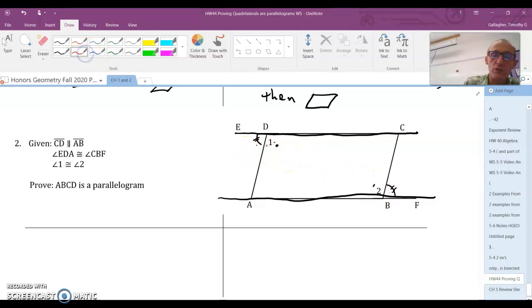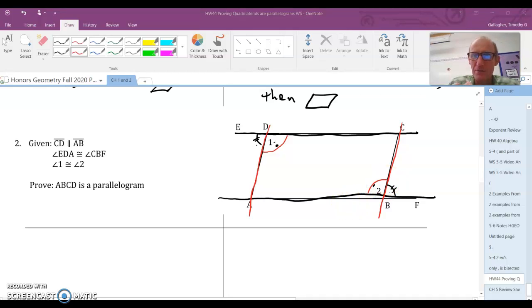Now, if we get 1 and 2 congruent, that's going to get these two parallel, or we're going to get these two angles congruent. Not all right. I need to back up, okay? So angle 1 and angle 2 are given that they're congruent. So then this angle is congruent to this angle, right?